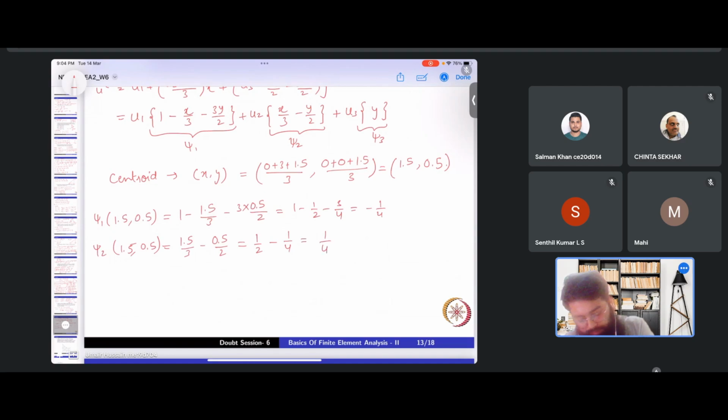That's 1 by 4. And psi 3 at 1.5, 0.5 is y by 1.5, which is 0.5 or half.